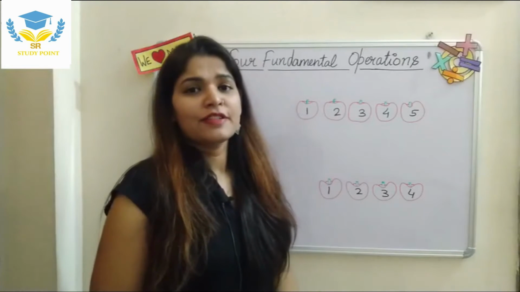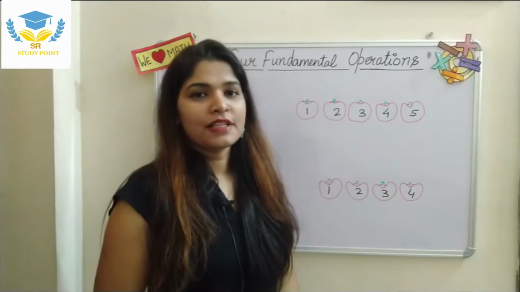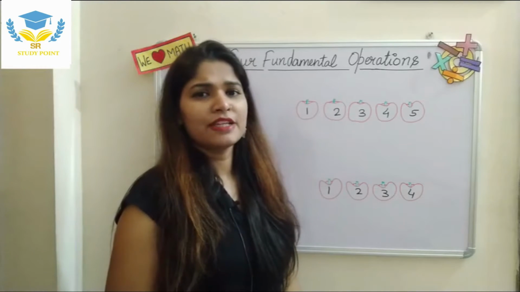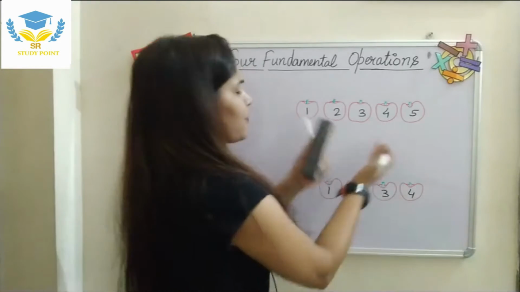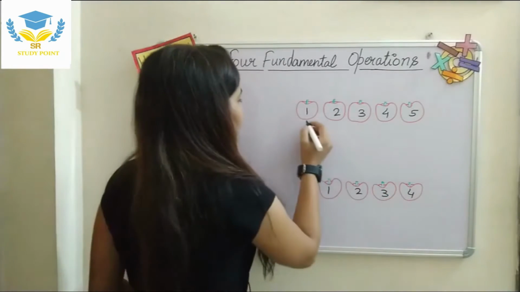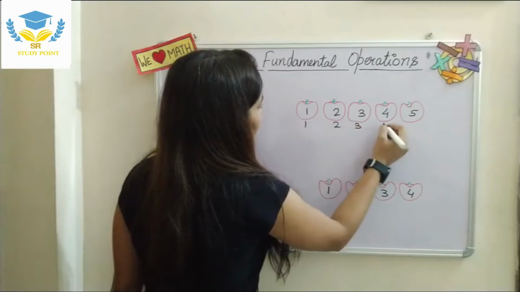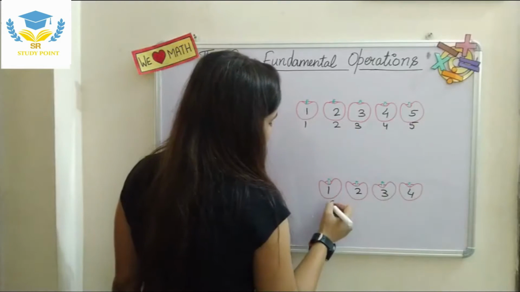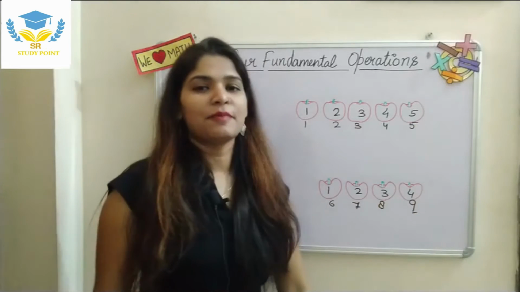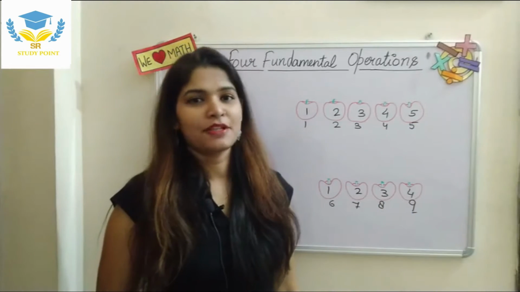So if somebody asks how many apples altogether you have, what we are simply doing is putting all these apples together and counting together. 1, 2, 3, 4, 5, 6, 7, 8 and 9. That means we both have 9 apples together.